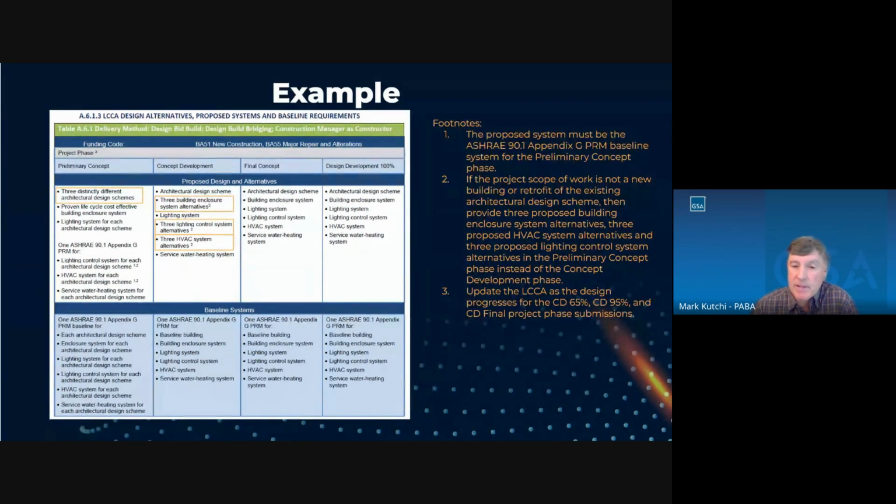And then lastly, the life cycle cost analysis will be updated through all the project phases, even though they're not listed on the tables, meaning the CD 65%, CD 95, and CD final. The documents should just be updated as the design progresses to indicate any new updated information or new cost information.